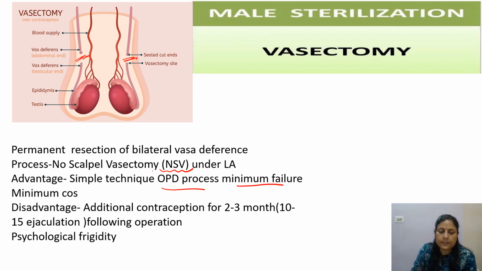Only the disadvantage is that for 2 to 3 months after this NSV, male has to take another method of contraception, especially barrier method, because at least 10 to 15 ejaculations are required to remove all the sperm which are present beyond this ligated part.